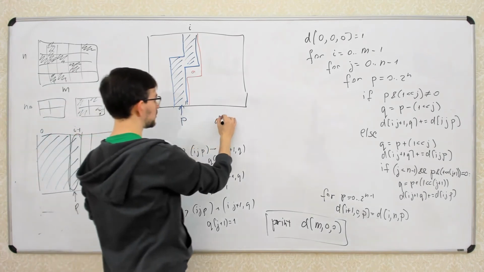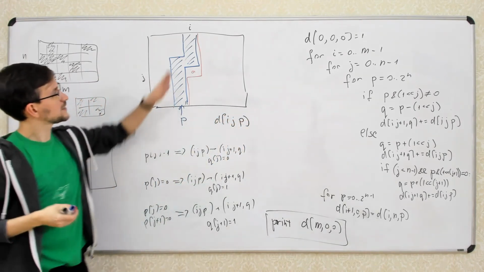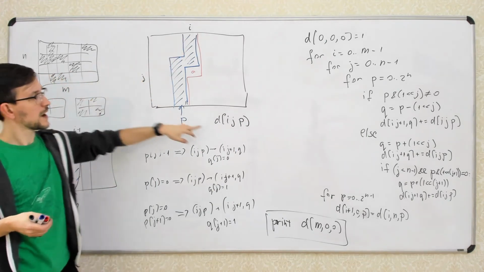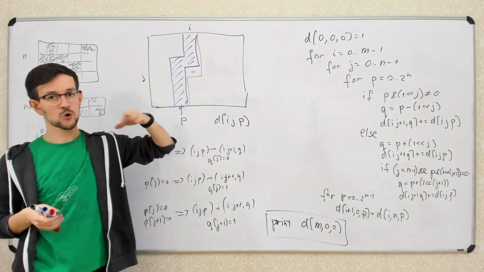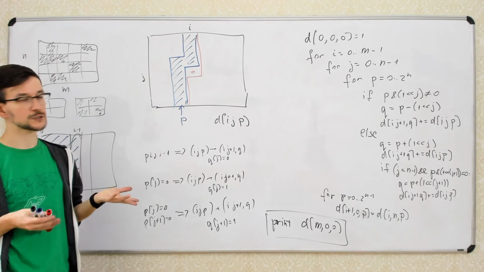So your state will be, again, I, J, P, where I is the number of columns you filled, J is the number of squares in the next column you filled, and P is the number which encodes the state of these n+1 squares.